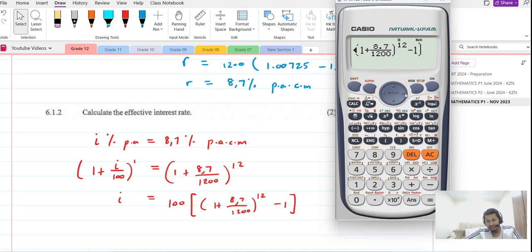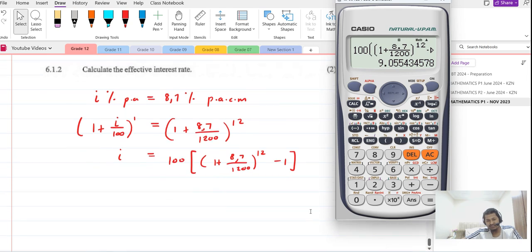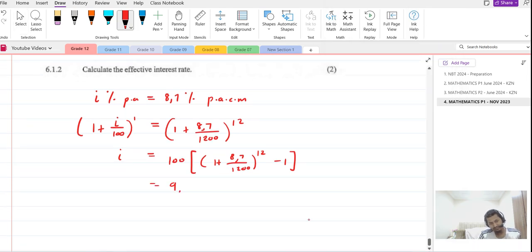Remember, the other one is not in bracket, another bracket here, right? So to the power 12 minus 1 and then multiply by 100. I'm getting 9.06% per annum. So that's the value of i.